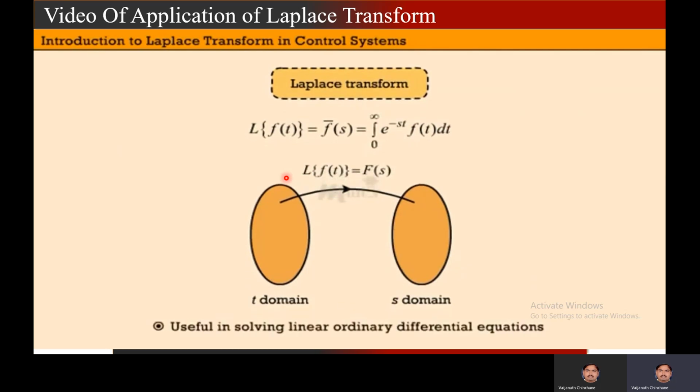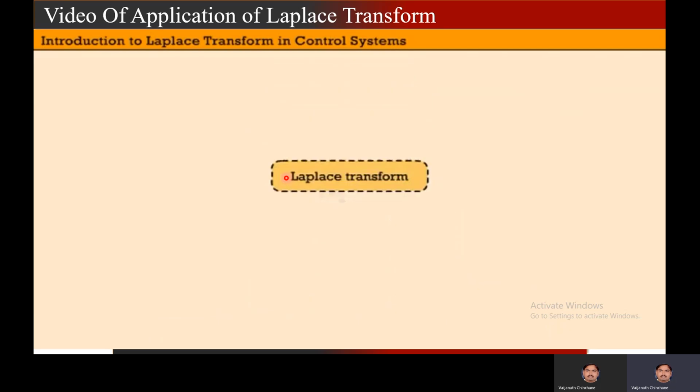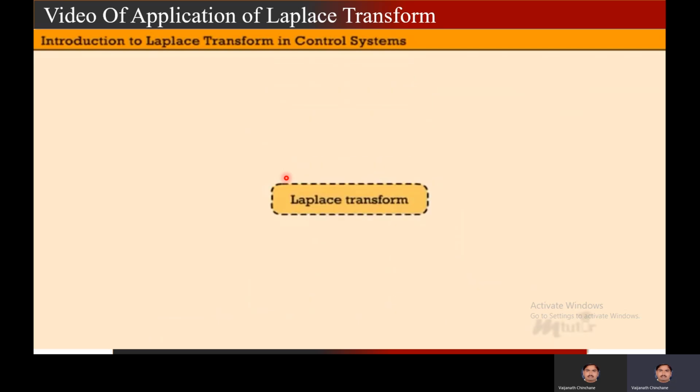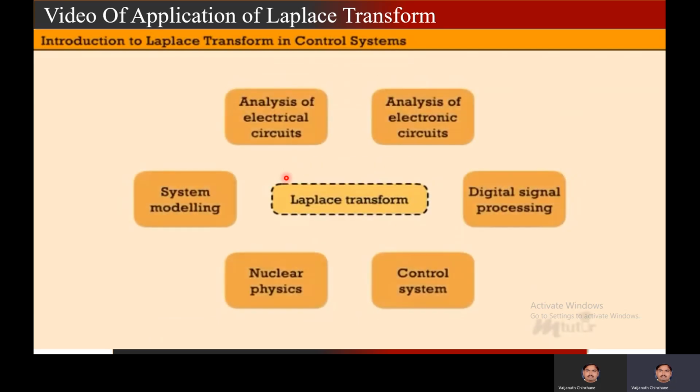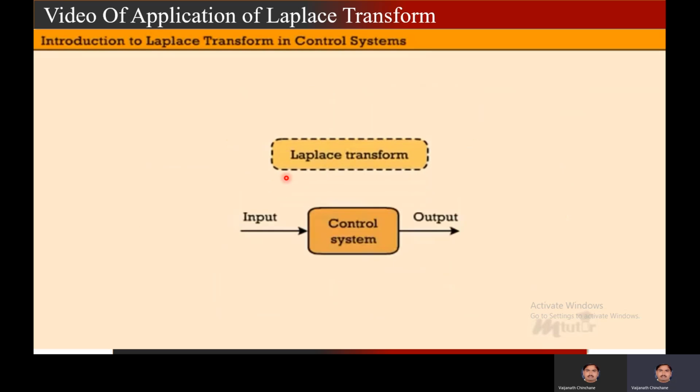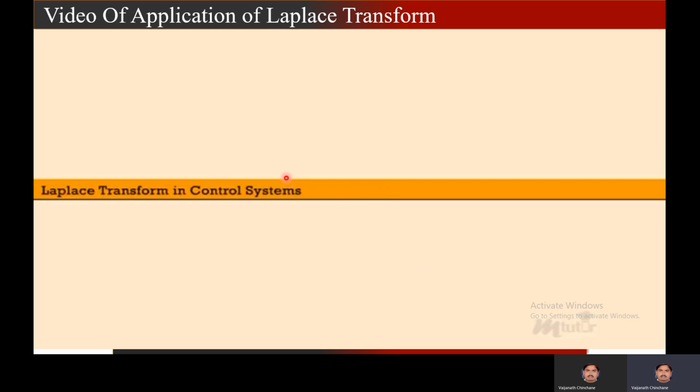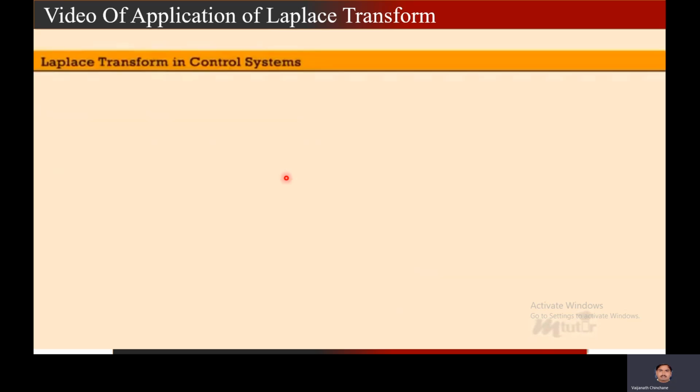And it is particularly useful in solving linear ordinary differential equations. It is a very powerful mathematical tool applied in various areas of engineering, especially in control systems. Come on, in this topic, let us discuss more about the use of Laplace transform in control systems. Laplace transform in control systems.